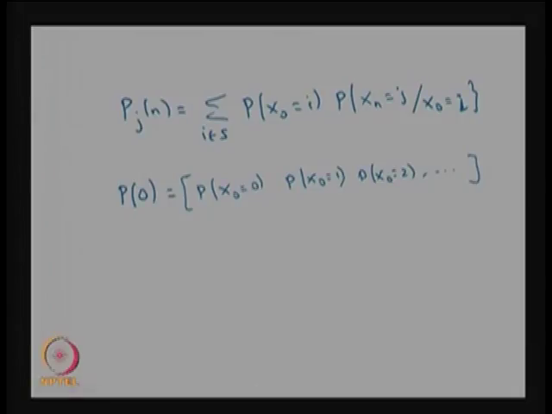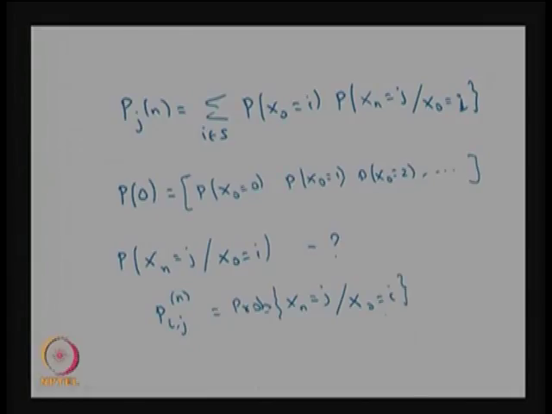What we need is the n step transition probability that the system will be in the state j given that it was in the state i at the 0th step. This is what we want to find out: the conditional probability mass function, the n step transition probability. We write it as p_{i,j} of n, the probability that the system will be in the state j given that it was in the state i at the 0th step.